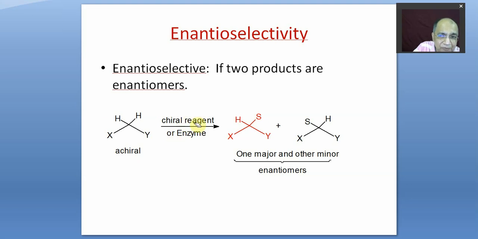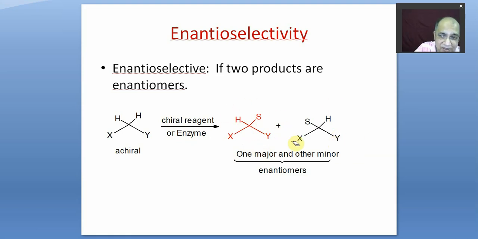But if you are substituting, I'm not giving you the reagent used for substituting, supposing S, a substituent, will come, and H will go, and we have a catalyst that is itself chiral, or an enzyme, a biocatalyst, then it can influence the formation of one enantiomer over the other.